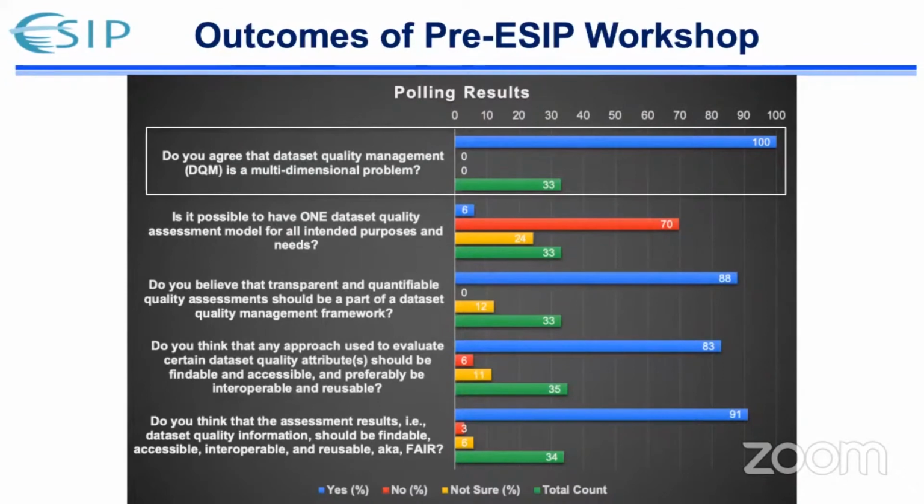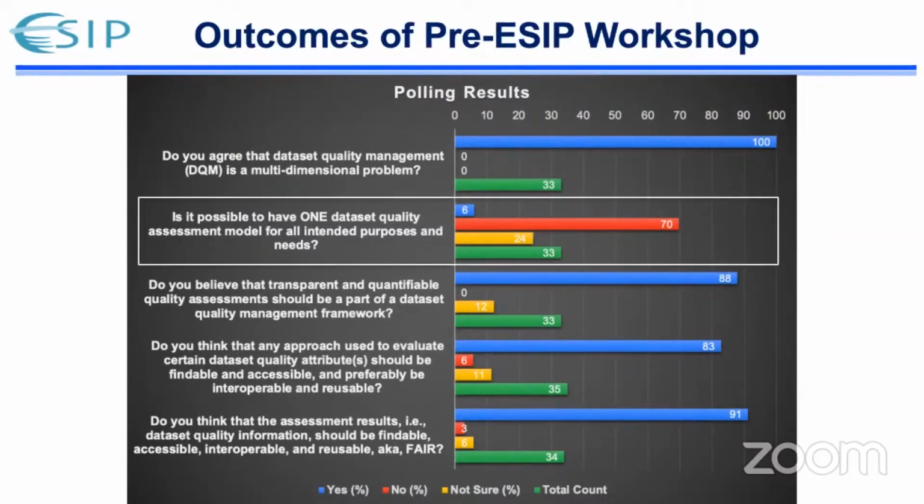For the first one, 100% of participants agree that dataset quality management is a multidimensional problem. And 70% of participants in the polling indicate that it is not possible to have one dataset quality assessment model for all intended purposes and needs. 24% were not sure, and 6% said yes.